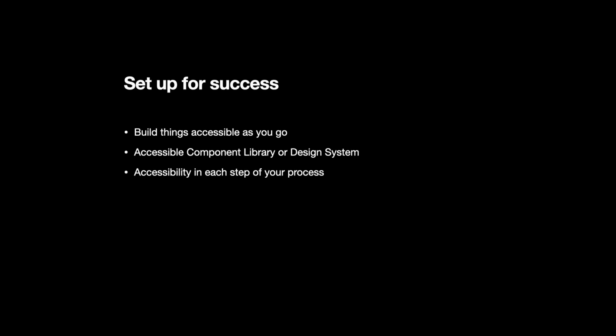If you are building custom components, build an accessible component library or design system. Just like how working with plain UIKit components makes accessibility easier, even if you don't realize it's there, so does working with custom accessible components. Accessibility is everyone's job, so it should be in every step of your process.